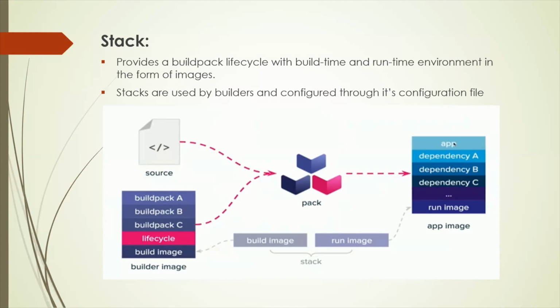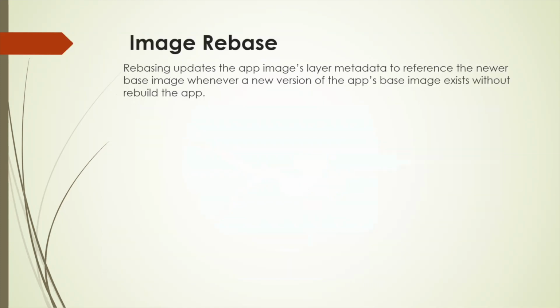So in turn, unlike in a Dockerfile where we have to mention every time the base OS image on top of which we would be creating an application, here from the platform side we are already mentioning the build image and run image, which go together to create the final artifact.